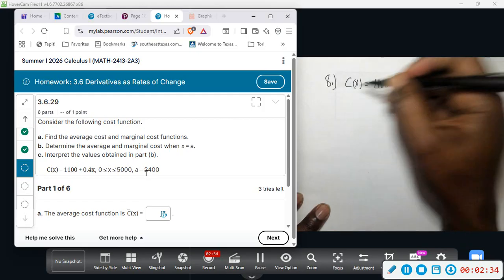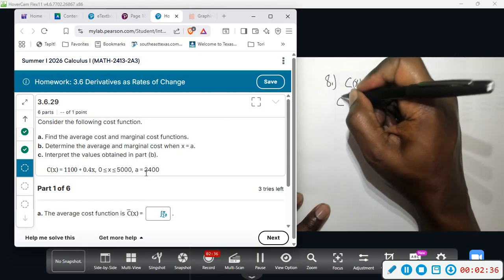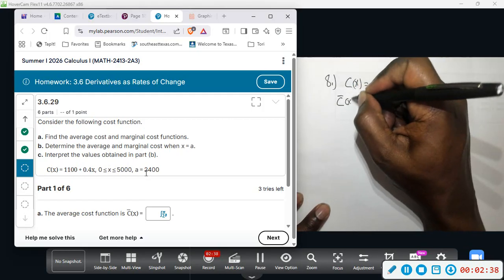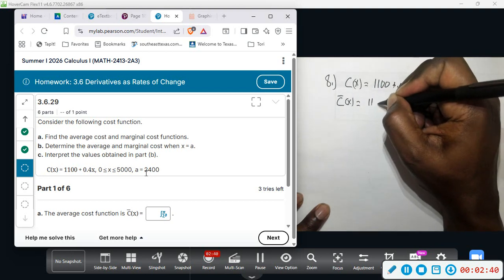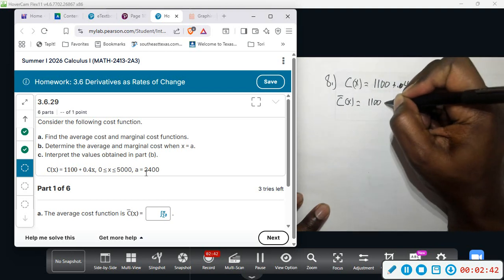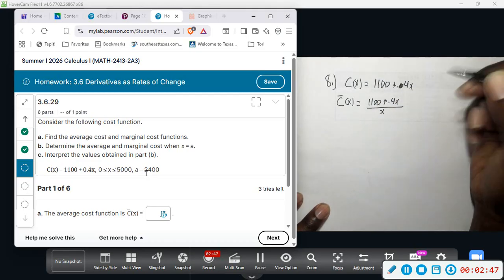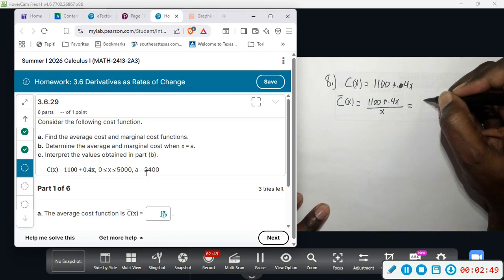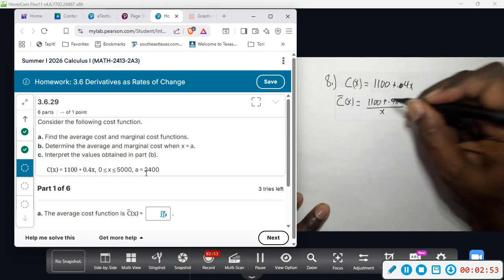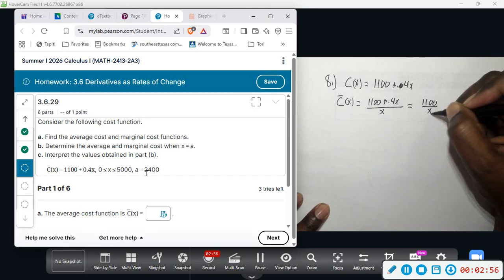So the average cost is taking the cost function, denoted as C bar, and that is 1100 plus 0.4x divided by x. Now you could simplify this, either way you're going to have a fraction. I would just leave it in this form. Divide each one by x.